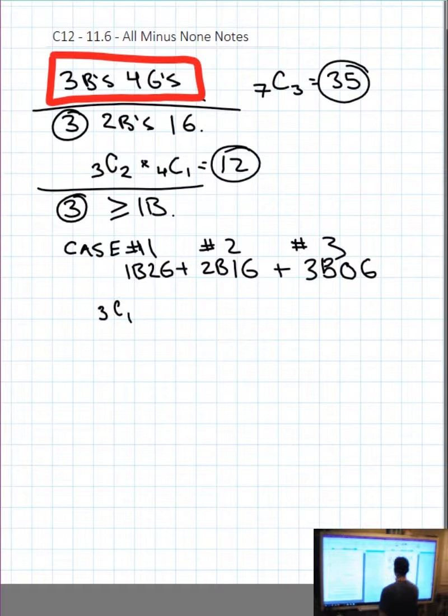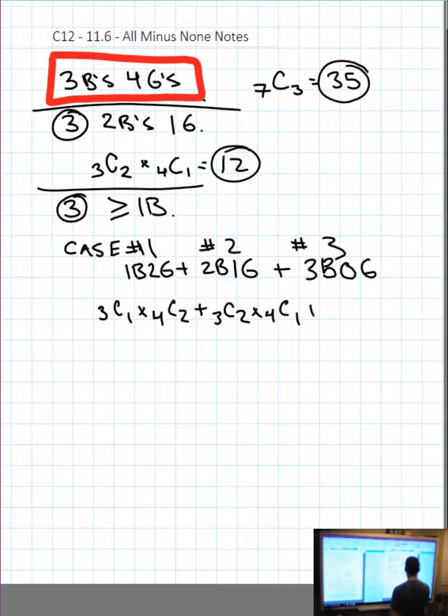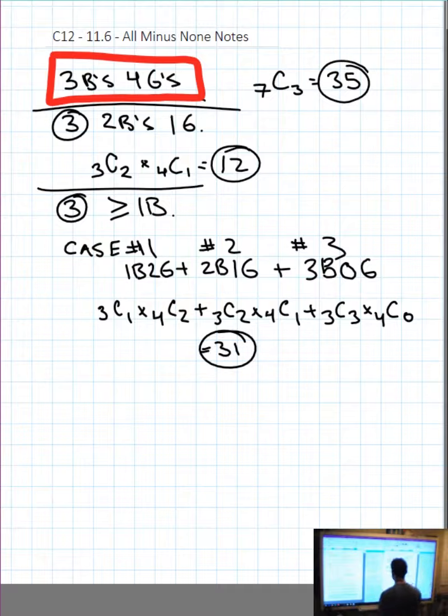And I'm choosing 1 of them, and I'm timesing by 4 girls, and I'm choosing 2 of them, and I'm adding 3 boys, I'm choosing 2 of them, times 4 girls, I'm choosing 1 of them, plus 3 boys, I'm choosing 3 of them, times 4 girls, I'm choosing 0 of them. And as that works out in the notes to be 31, feel free to do those on your calculator or work those out through your factorial notation.